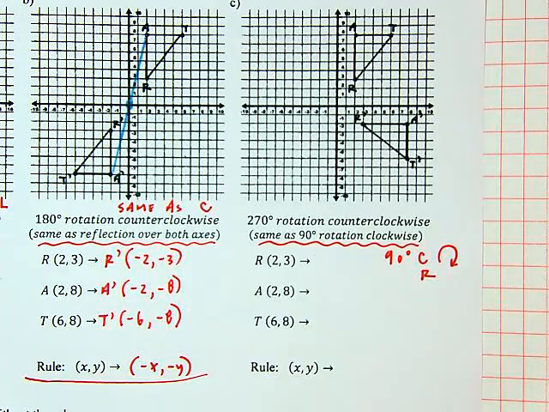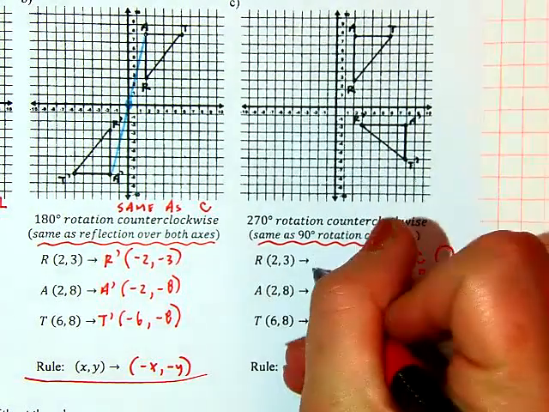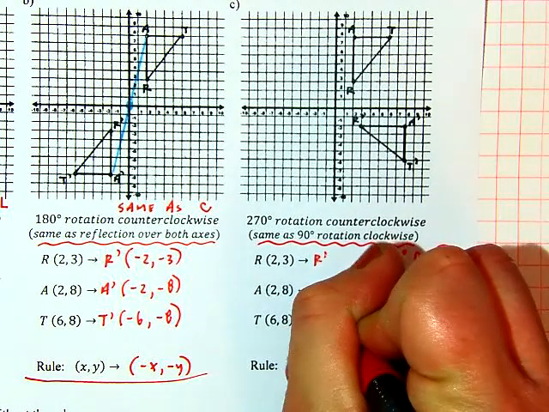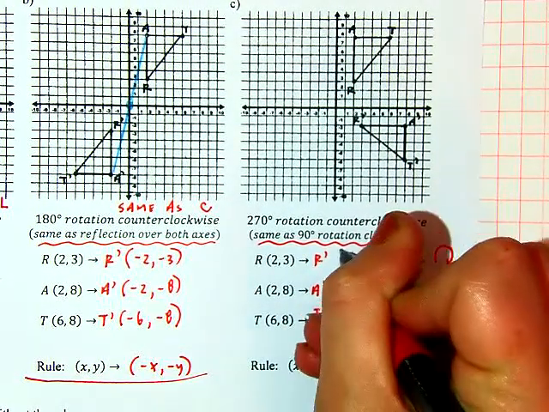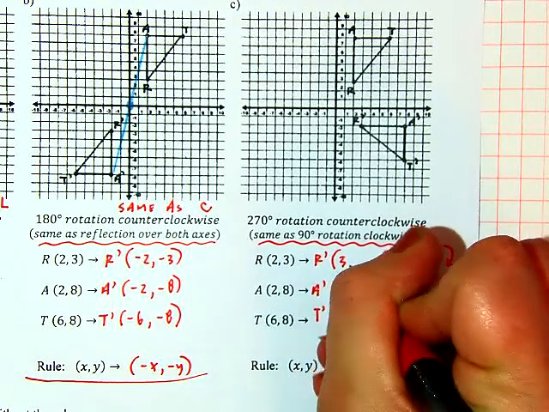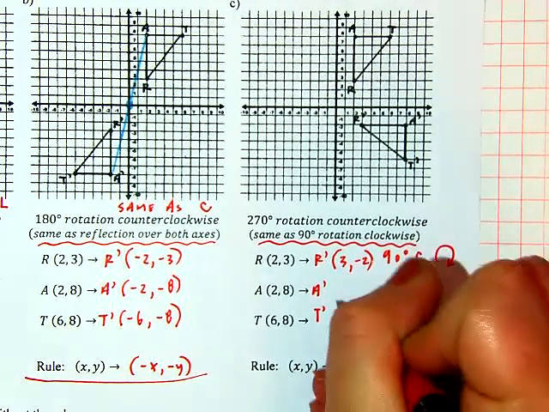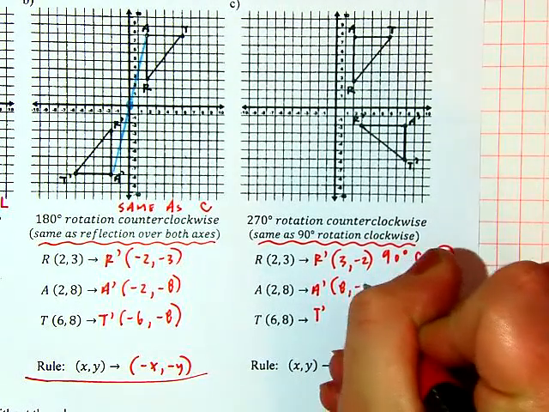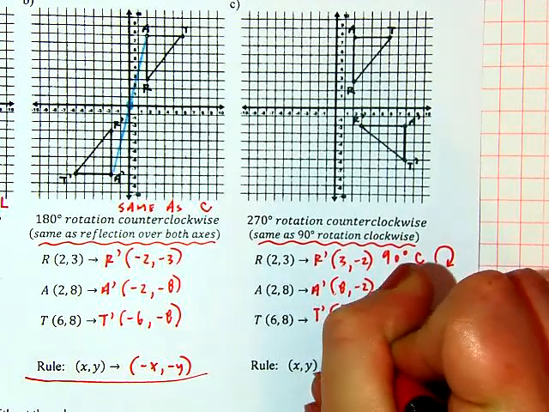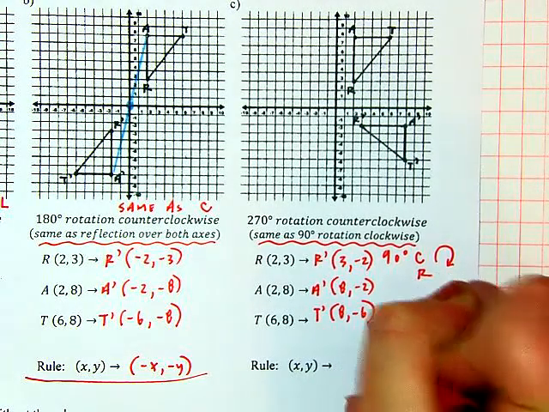So we can see it. So if I extract the prime points, R, A, and T, R prime is 3, -2, A prime is 8, -2, and T prime is 8, -6.